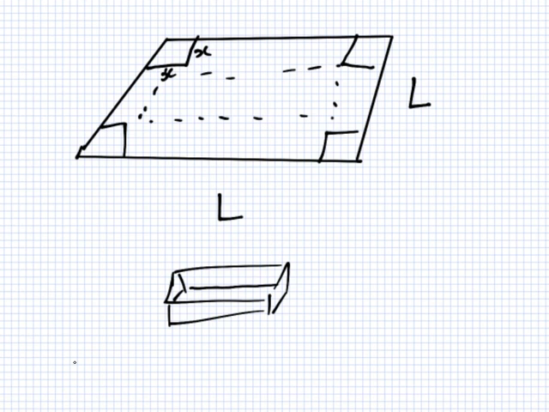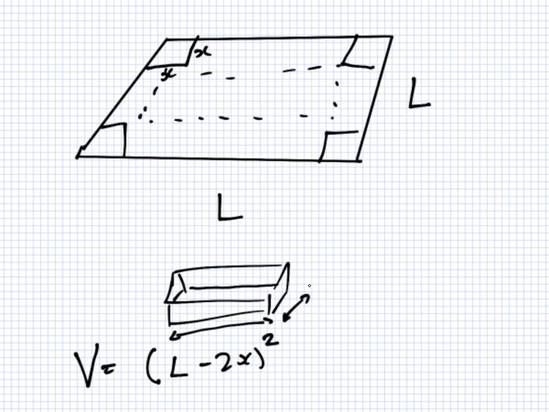So, let's write down firstly what the formula for the volume is. So, that piece is how long? L. No. L minus 2X. Good. This piece? The same. And this piece?